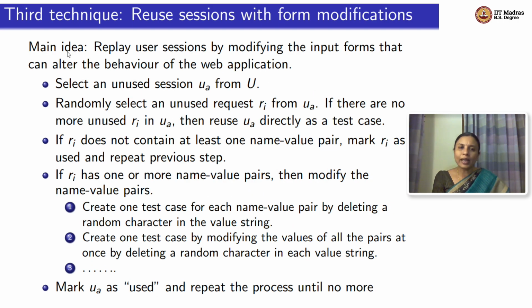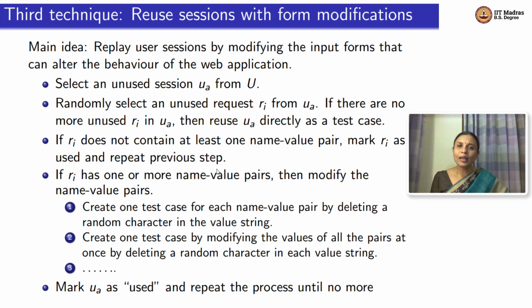So here the main idea is to store, replay or reuse the user session by modifying the input forms that alter the behavior of the web application. Same thing: start with some user session that has not been used earlier, let's say UA. Take a request Ri from UA and check if Ri has at least one or more name value pairs.